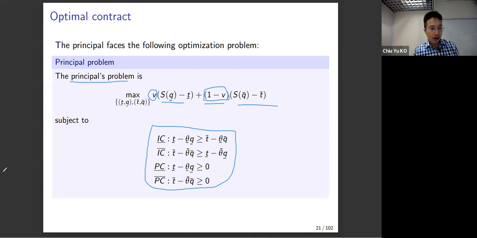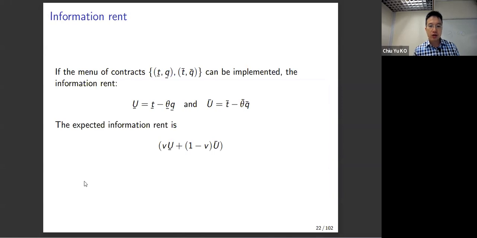Okay, what we will do is to rewrite the following. Okay, we write U lower bar as this. This is the surplus of the agent if he's low type. Right? This is the payoff of the agent of low type. Right? This is the payoff of the agent of high type. Okay? And we define this as the information rent of the agent.